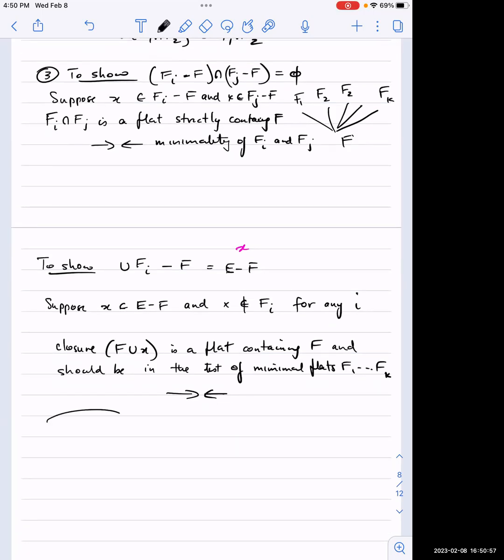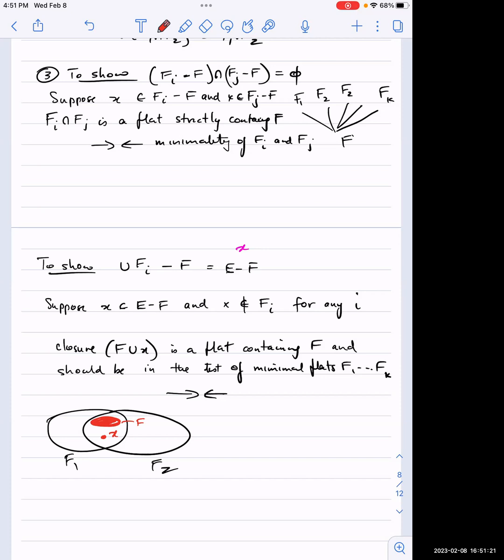Right, so let's get a picture going to see that. So you have F1, F2, and also F over here. Say this is F. And there is an X somehow, in E minus F, but it's not in any of the Fi's.